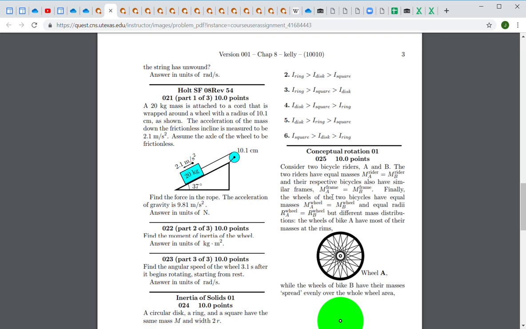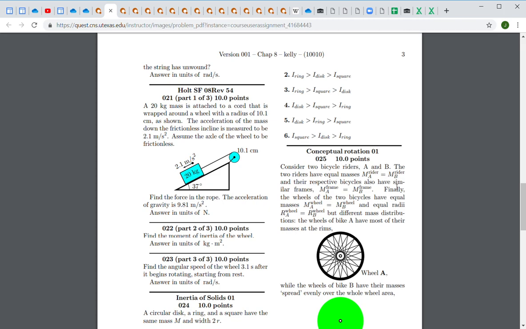Problem 25. Consider two bicycle riders A and B. The two riders have equal masses and their respective bicycles have similar frames. So the riders and the bicycles themselves have the same mass, so everything's got the same mass.